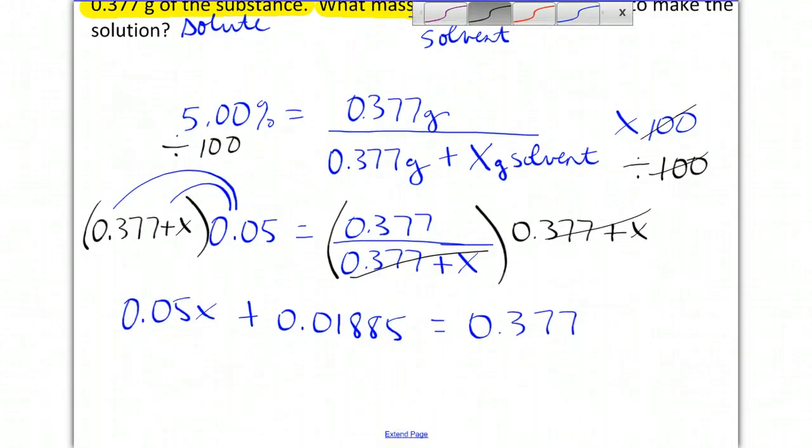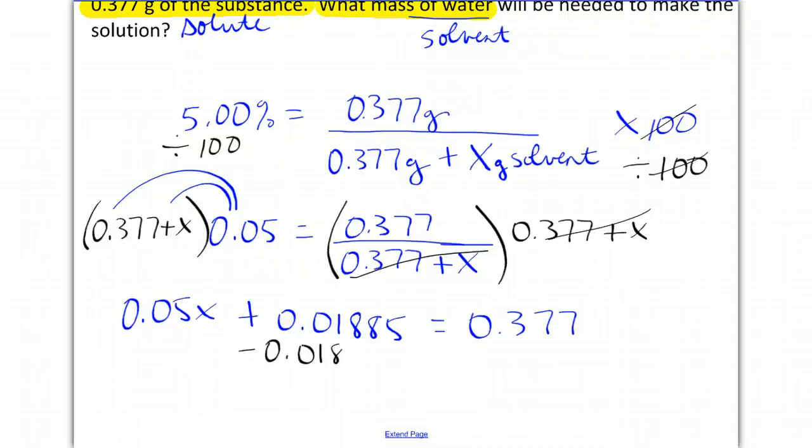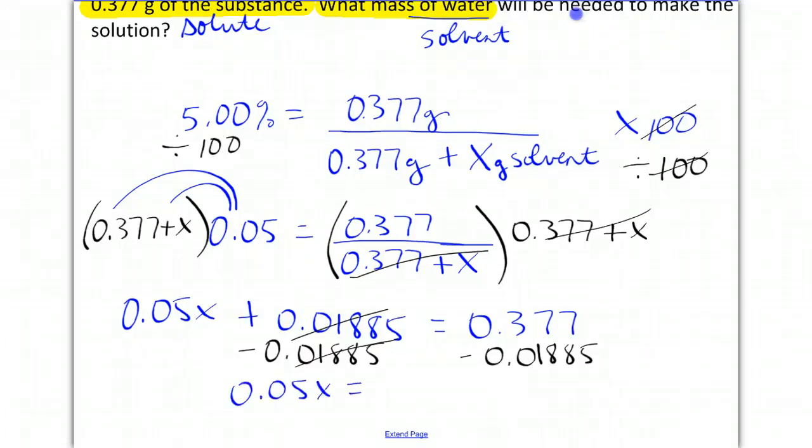Now we want to subtract 0.01885 from both sides. This will cancel, leaving me with 0.05x equals, and when we subtract 0.377 minus 0.01885, we get 0.35815.